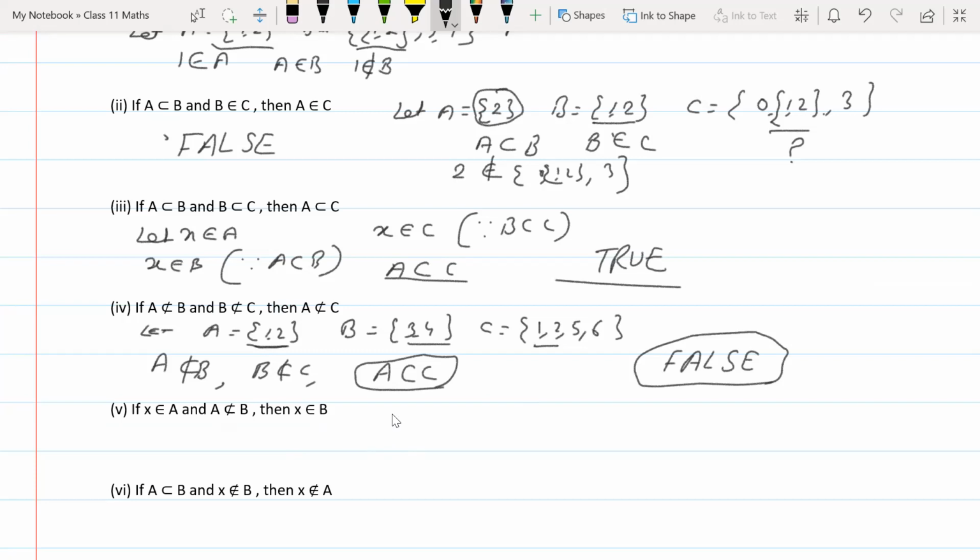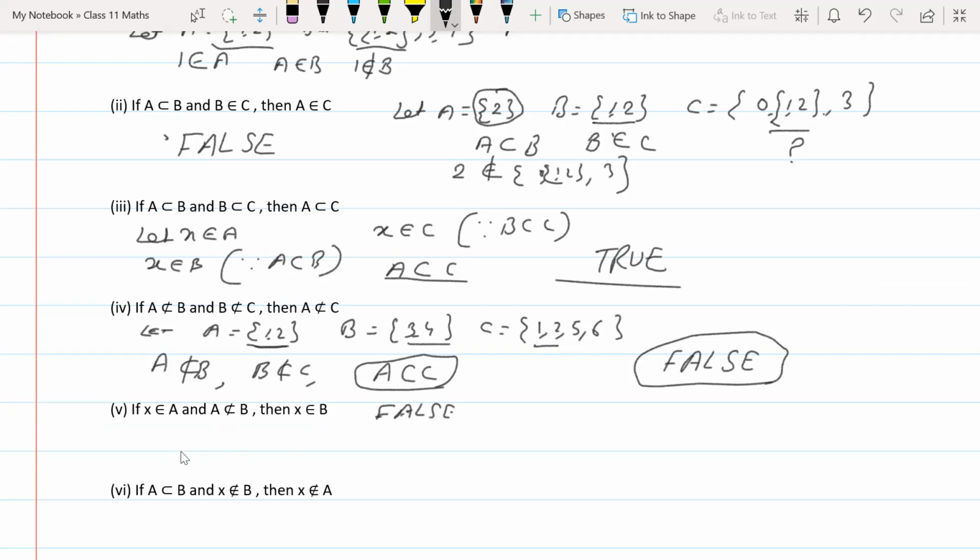If A is not a subset of B, it means A's element doesn't consist in set B. So the statement is false, because any element X cannot be in set B. With the help of one example, I will prove it. It is a false statement.